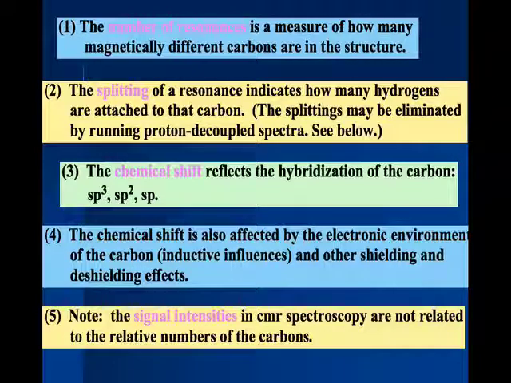Signal intensities in carbon spectra are not related to the relative number of carbon atoms. For the purposes of this class, you will assume you cannot integrate carbon spectra. That is a semi-lie, because there are techniques in which you can integrate carbons, but it's a much higher-level, complicated thing.